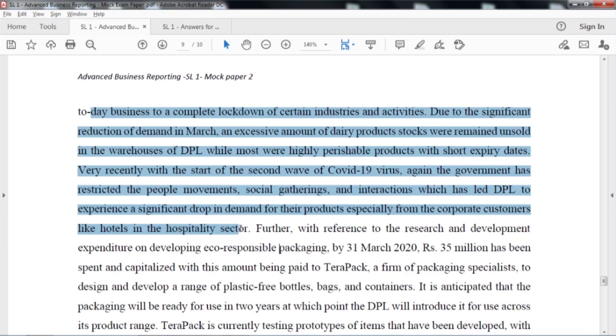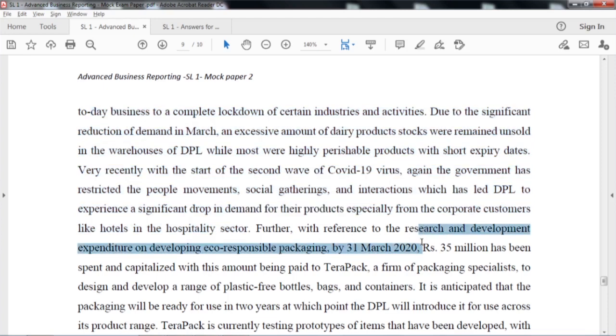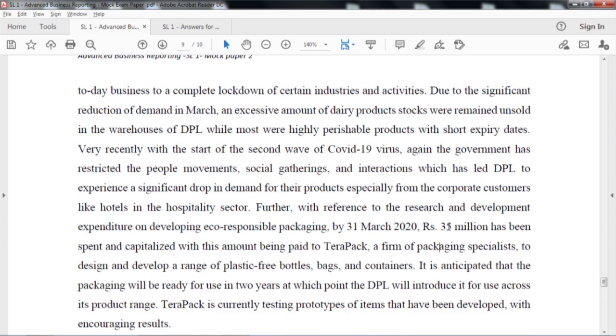and their corporate customers, all of that. Further, with reference to recent R&D, as of 31st March, 35 million, that is more specific information for us, 35 million spent. Always in the exam when there is a figure, compare it: 35 million divided by asset or profit, what is that, is it material, because your topic is RMM.